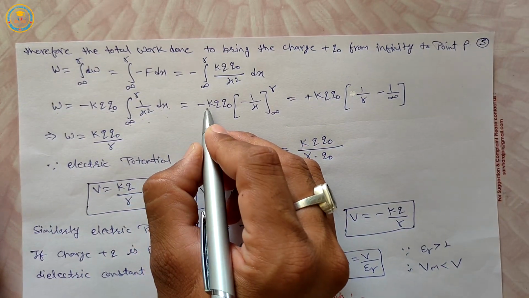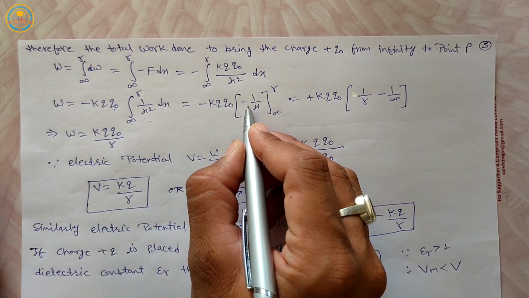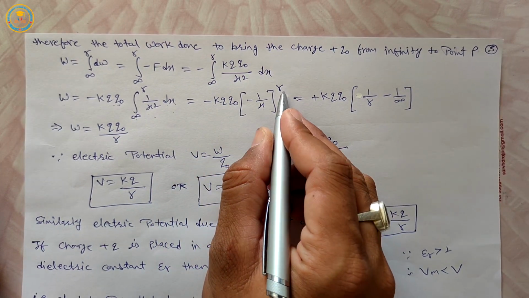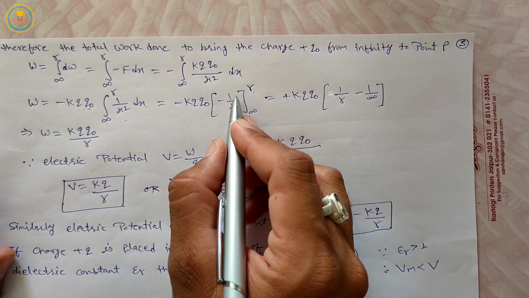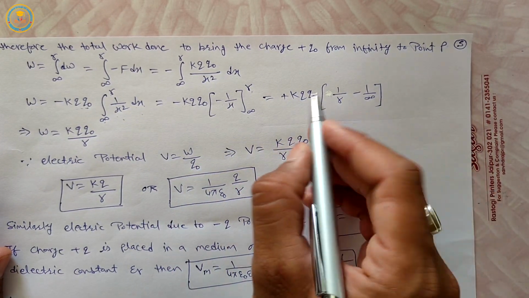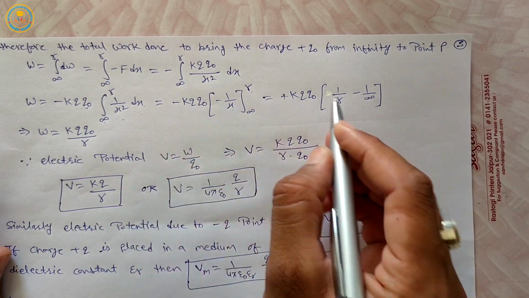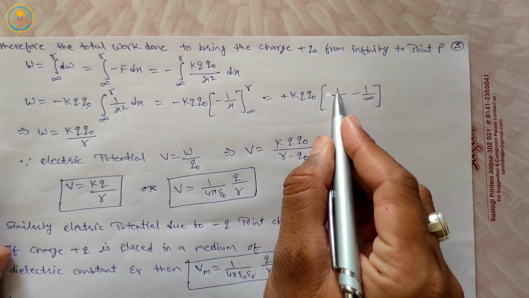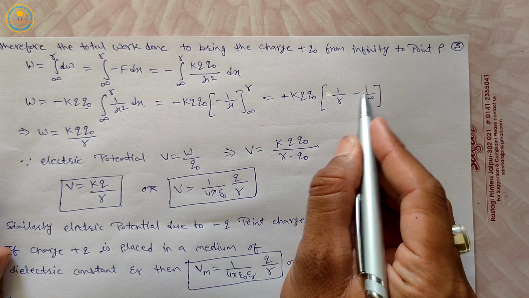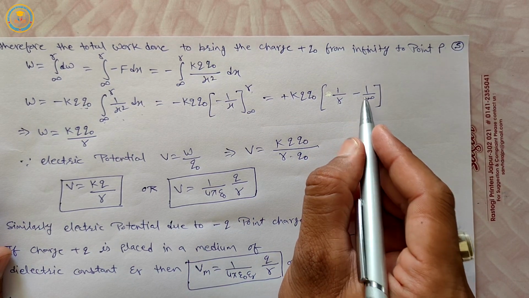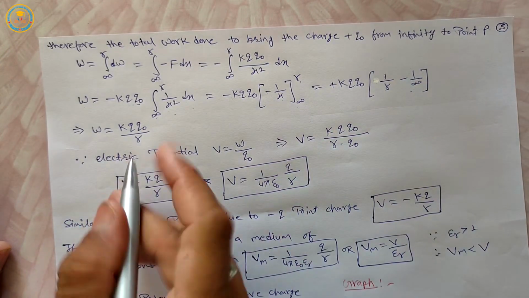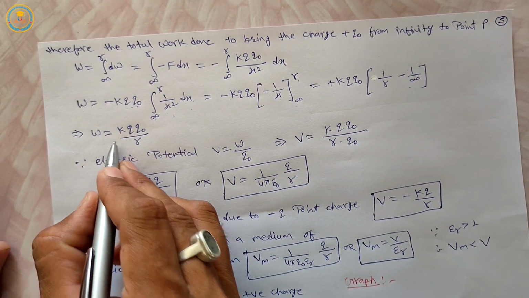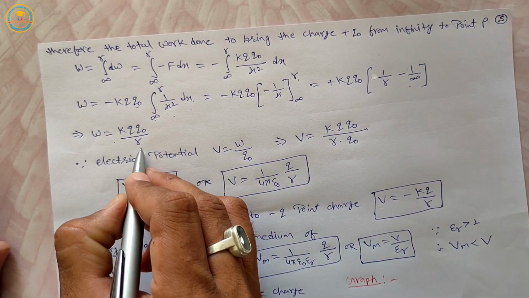So W is equal to minus K Q Q naught times minus 1 upon x, from infinity to r. Put the limits: upper limit minus lower limit. So minus minus gives plus K Q Q naught times 1 upon r for the upper limit minus 1 upon infinity for the lower limit. The value of 1 upon infinity is equal to 0. Then we get total work done W is equal to K Q Q naught upon r.